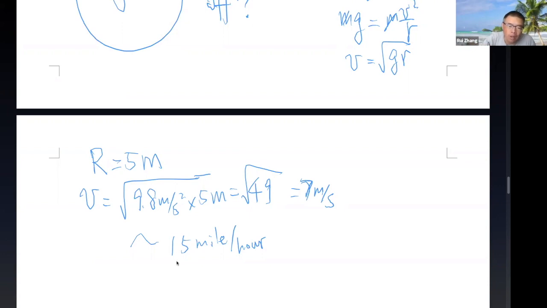Which is dangerous. You rarely see anybody running on the cage and going upside down, because that's even harder. To go 15 miles per hour running is not easy. I don't think that's easy. So, I guess you can do 7 meters per second.